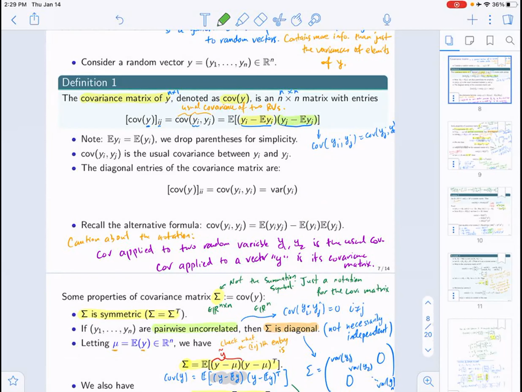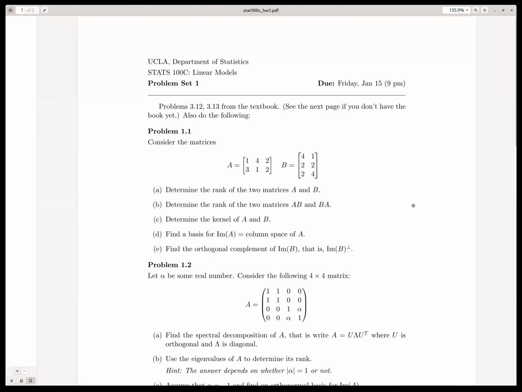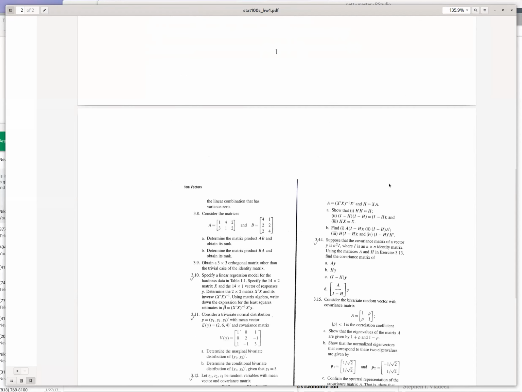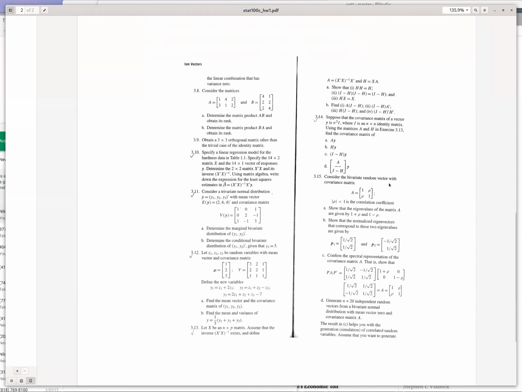Share. Okay, do you see the homework problem? Yeah. I was talking about question 3.12. Okay. So will we just use definition 1 to fill in the covariance matrix of y?